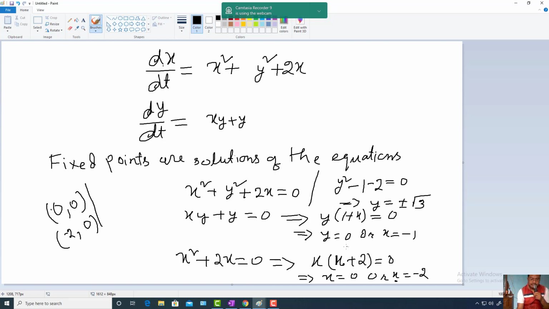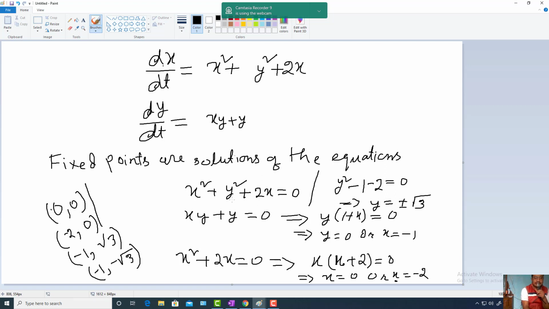So if you take x is equal to minus 1, this is already 0, and then y is equal to root 3. This is going to be a fixed point. Again, when you take x is equal to minus 1, then minus root 3, this is going to be a fixed point again.